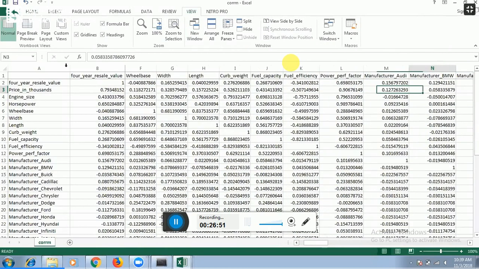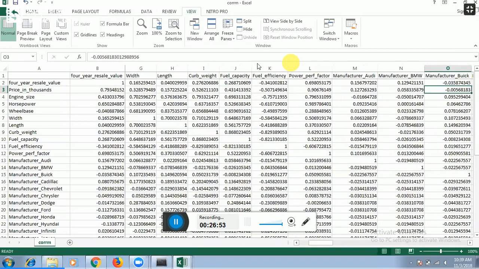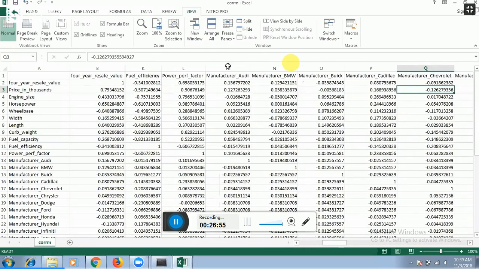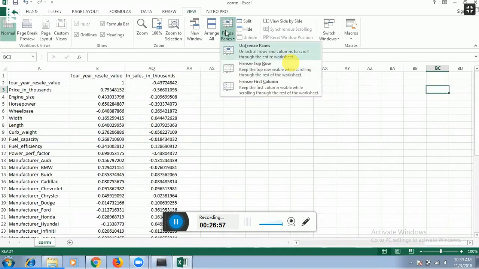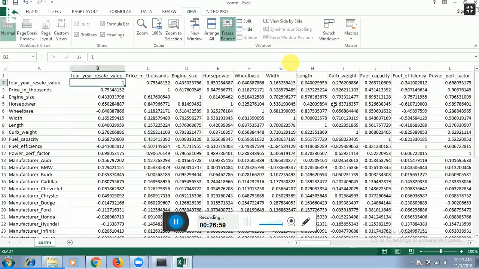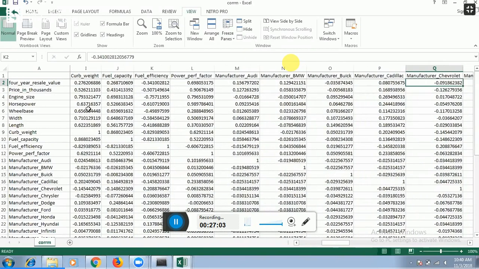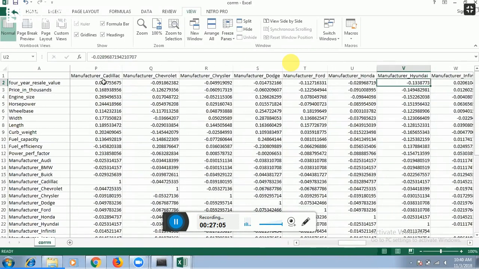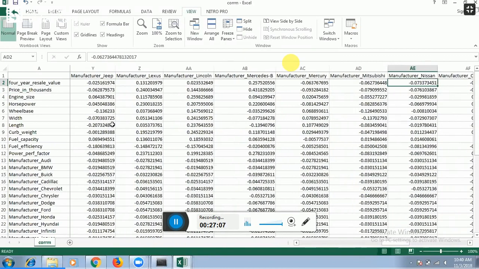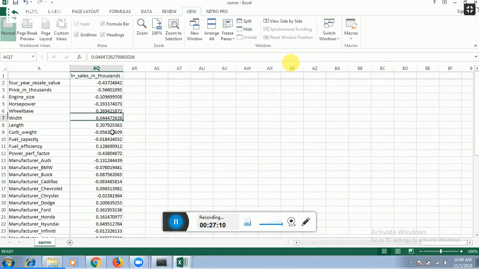Now what I'm saying is, what is my y variable in this case? Sales in 1000 is your y variable, right? So now what we can do is think about which of the variables have a very weak linear relationship.